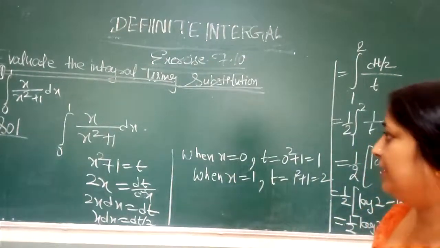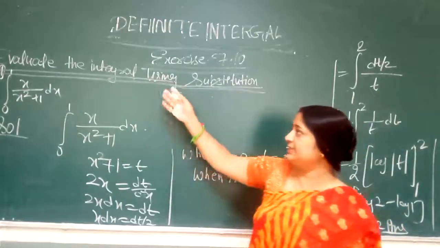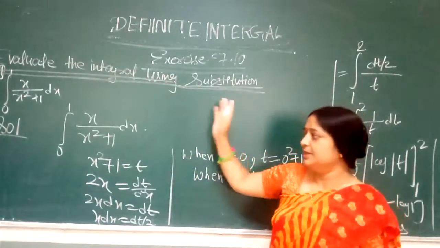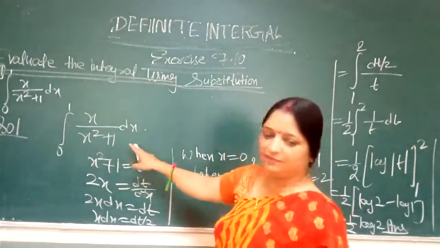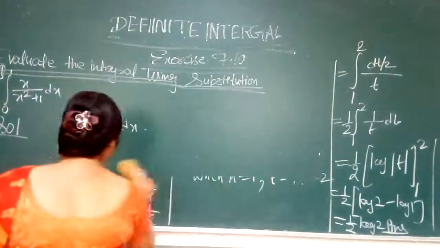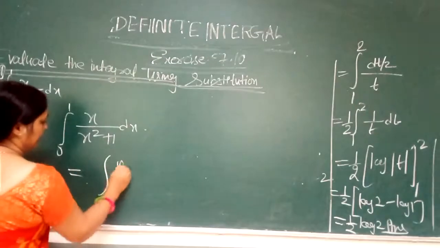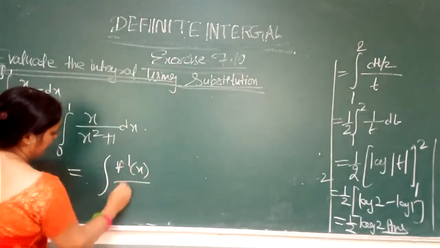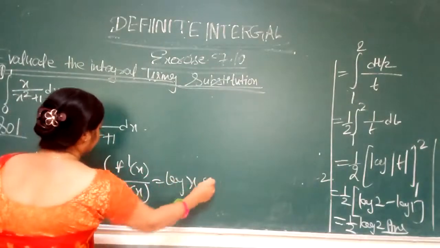Now students, one more method is there. In this exercise it is given to use the substitution method, but if you are not using the substitution method, you can solve it directly. How can you solve it directly? Without substitution, you know that the integration of f dash x upon f of x is equal to log f of x plus c.